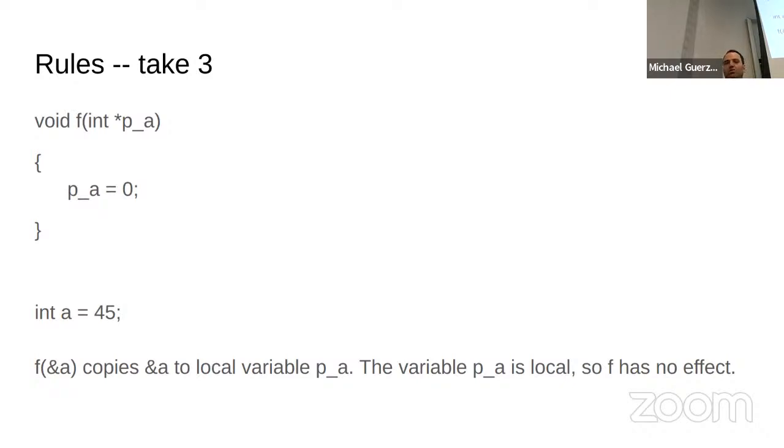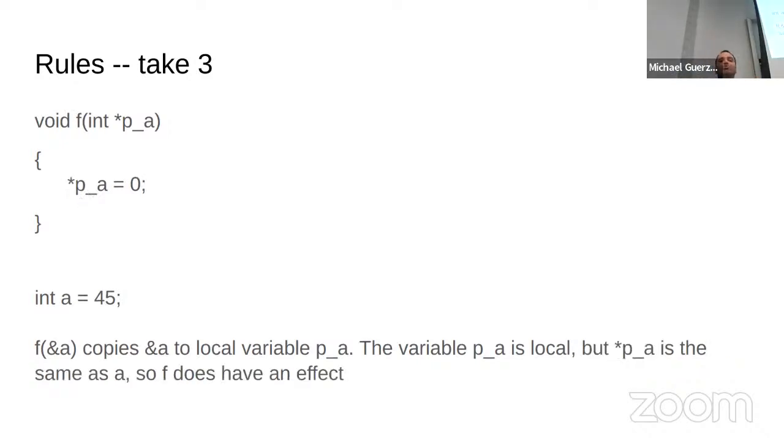It's a local variable. Doesn't matter that it happens to be an address. Initially, the value of pa happens to be the address of this variable a. And then we say, okay, now it's going to be 0. Fine, the local variable pa used to be the address of a, and now it's 0. a does not care.